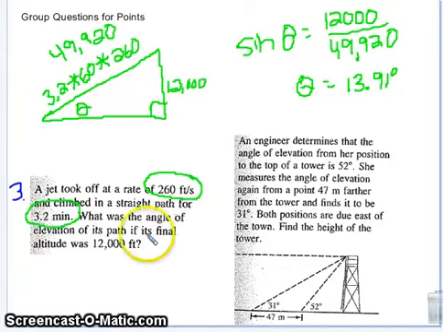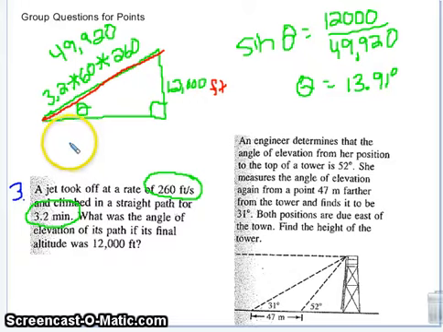What was the angle of elevation if its final altitude was 12,000 feet? So we are straight up 12,000 feet. We are trying to find the angle of elevation, and we know that this path, you've got 2 numbers going on. It tells us our speed is 260 feet per second, but it tells us we've been going for 3.2 minutes.